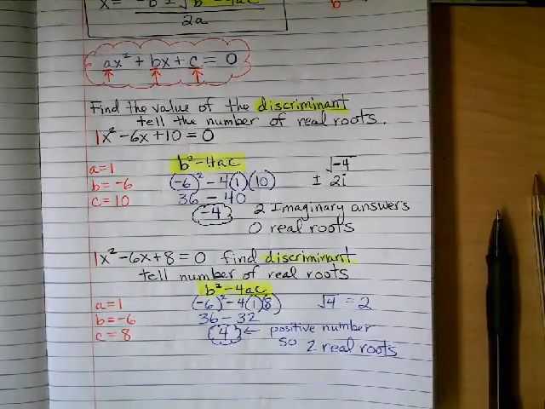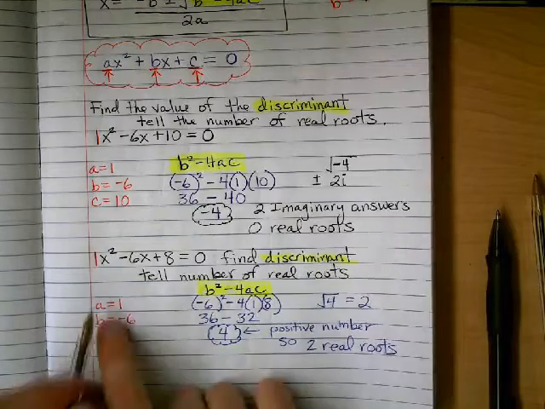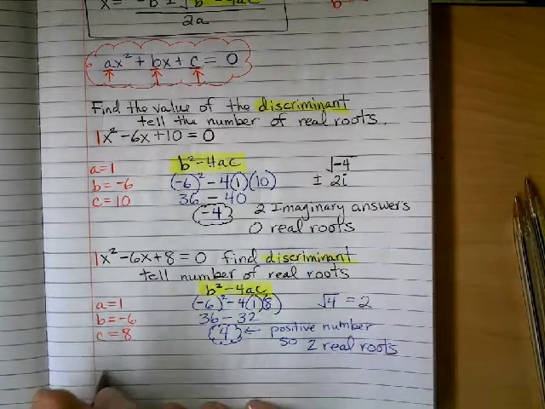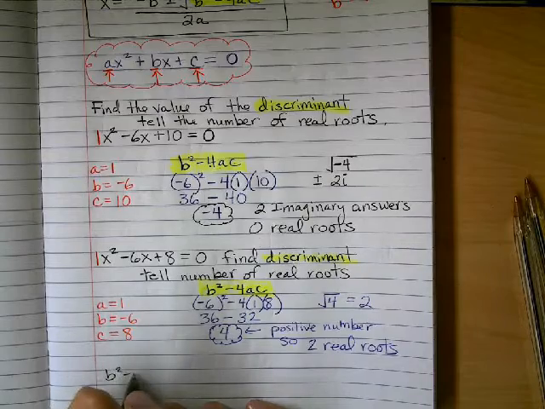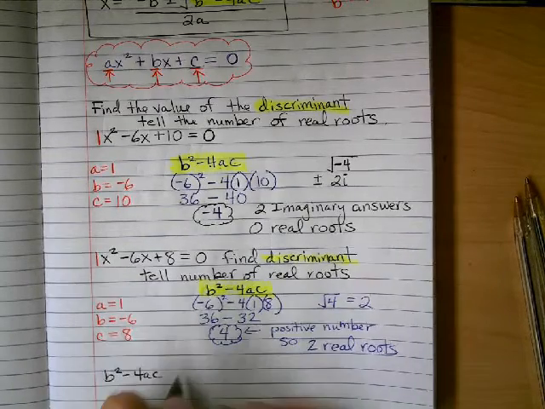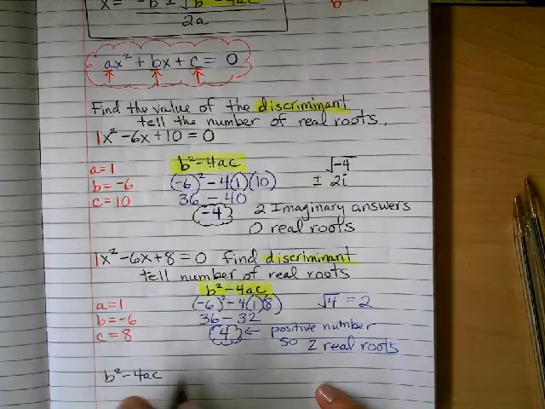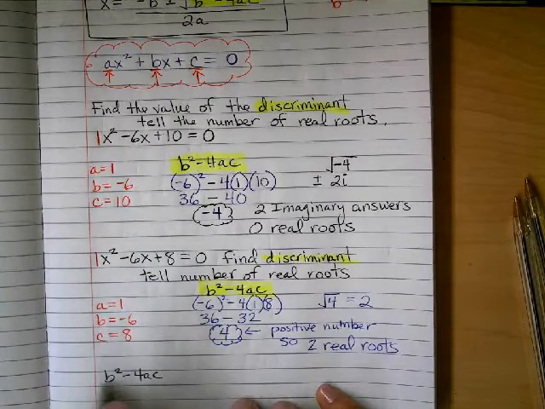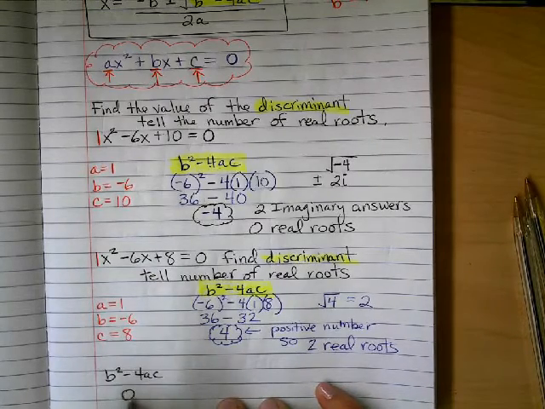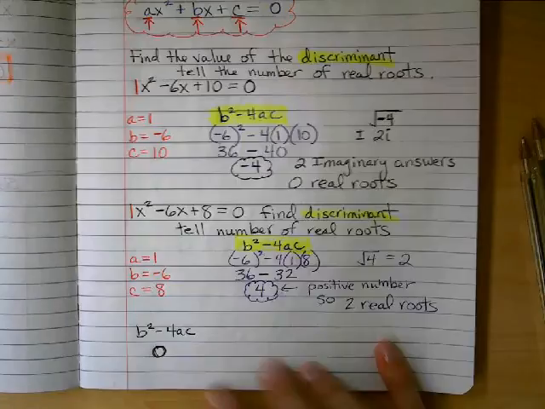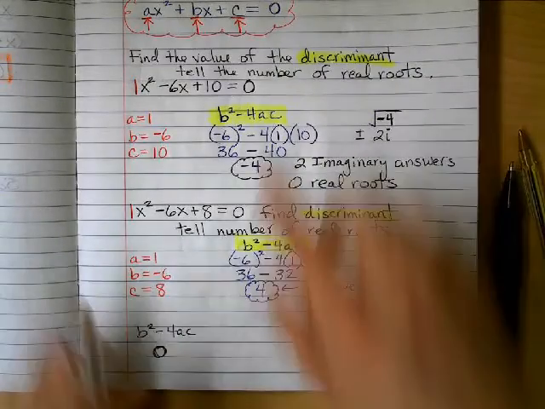What if you did this b squared minus 4ac thing, again the discriminant, and you did the math and got 0? Okay, what if you did all this work, did the discriminant, and you got 0? Well, then it would be something plus 0.